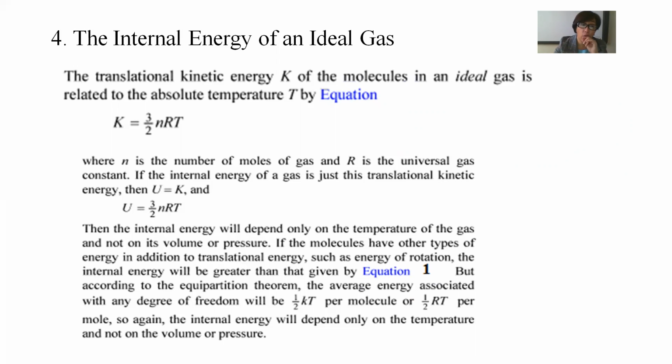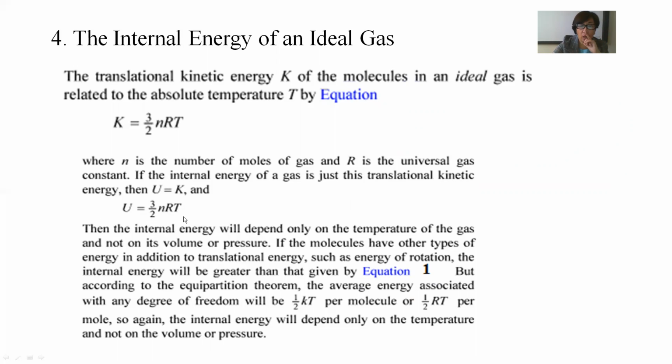Here n is the number of moles of a gas and R is the universal gas constant. The internal energy U equals the translational kinetic energy, and the formula is U = 3/2 nRT.